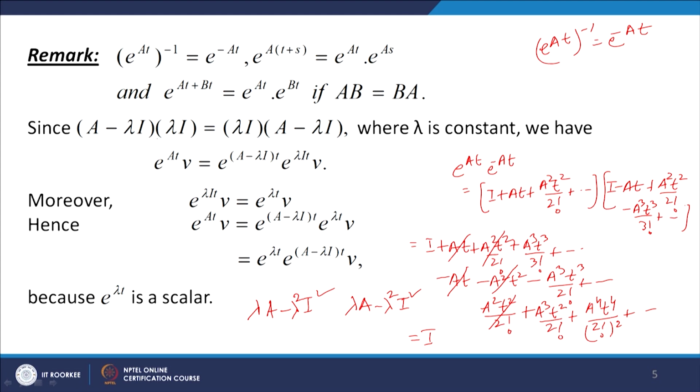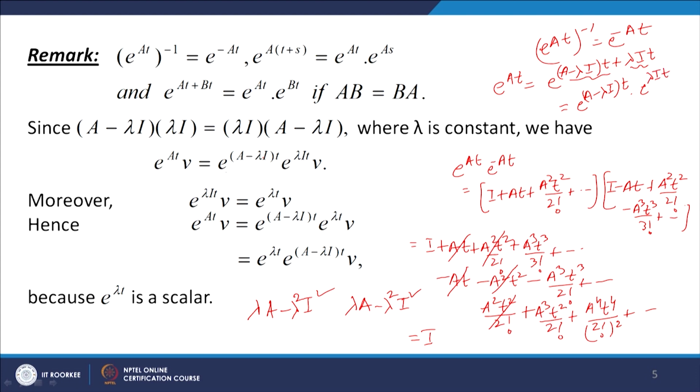Now, using this property, e to the power a t is e to the power a minus lambda I into t plus lambda I t, okay. Now use this property: a minus lambda I and lambda I commute, since they commute we can write it as e to the power a minus lambda I into t into e to the power lambda I t.